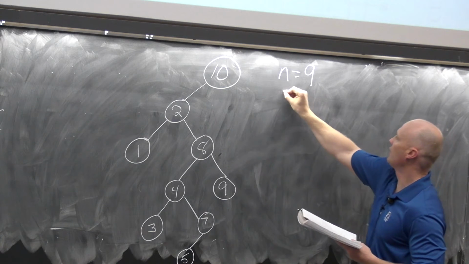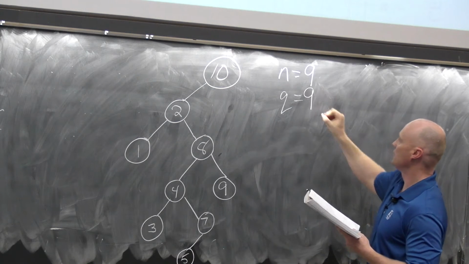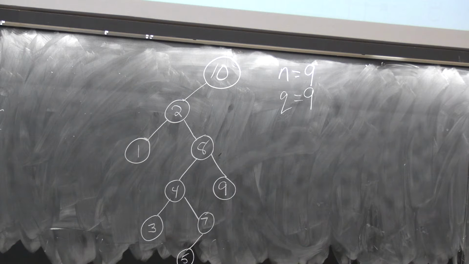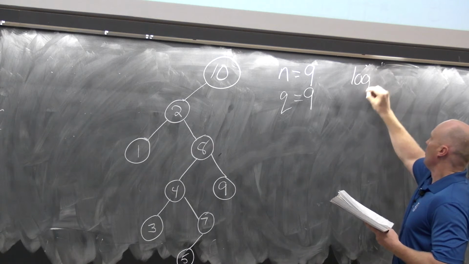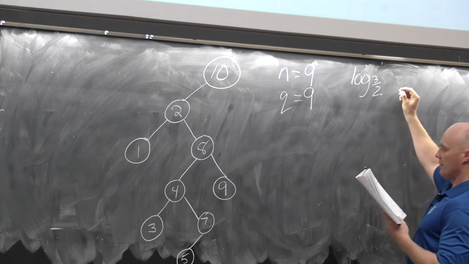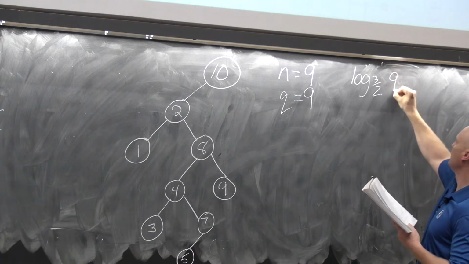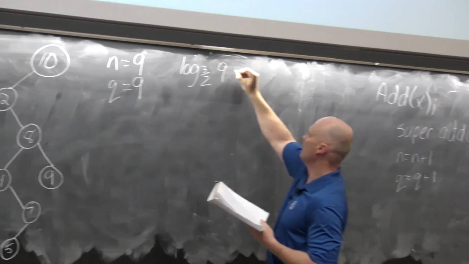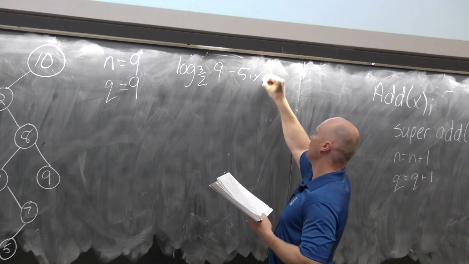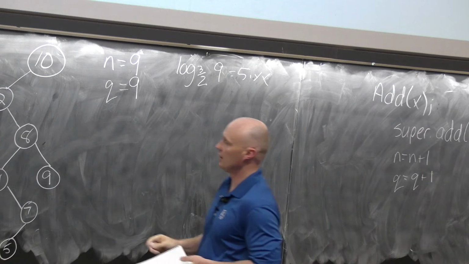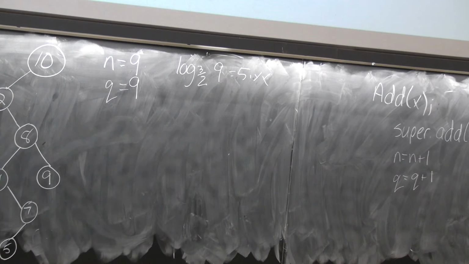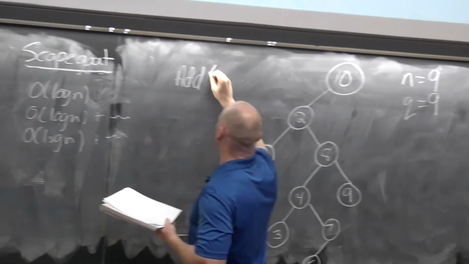We're going to say that q is also equal to 9, so we haven't deleted anything yet. And log base 3/2 of 9 is 5 point something. And we're going to call add 6.